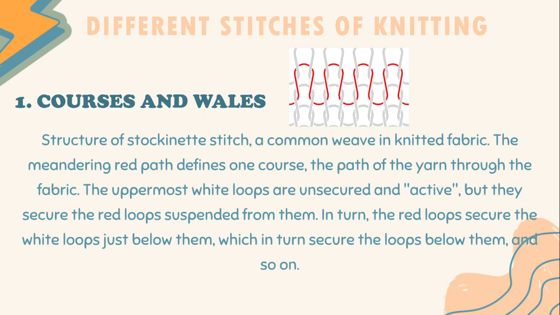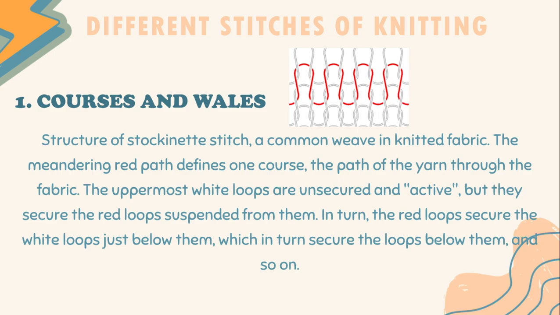There are different stitches of knitting. First is courses and wales. Structure of stocking stitch, a common weave in knitted fabric. The meandering red path defines one course, the path of the yarn through the fabric. The uppermost white loops are unsecured and active, but they secure the red loops suspended from them.